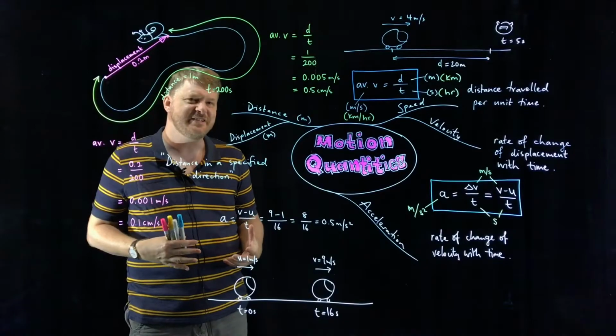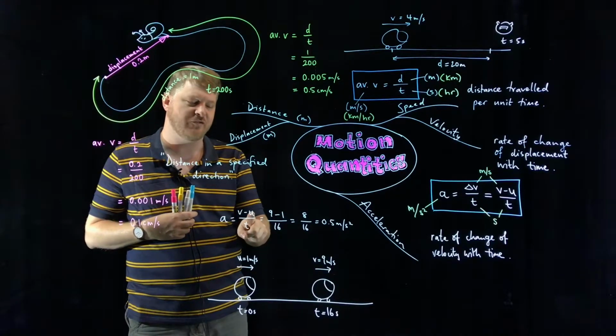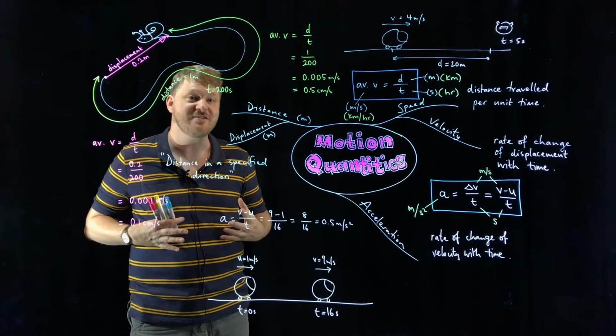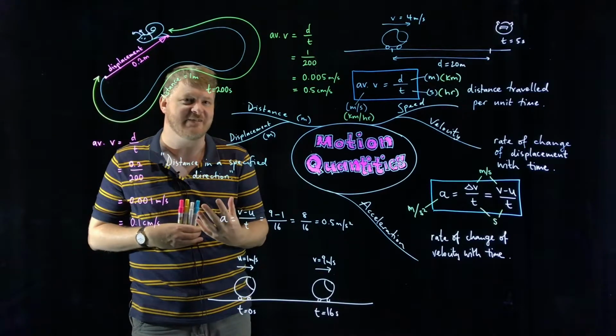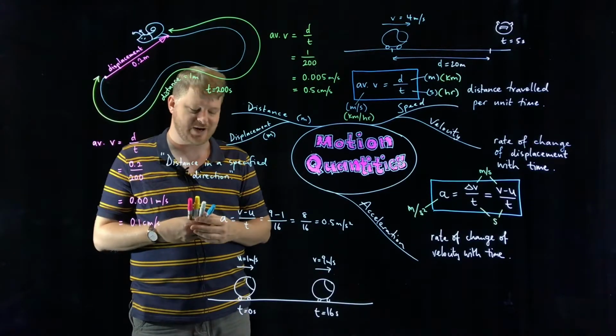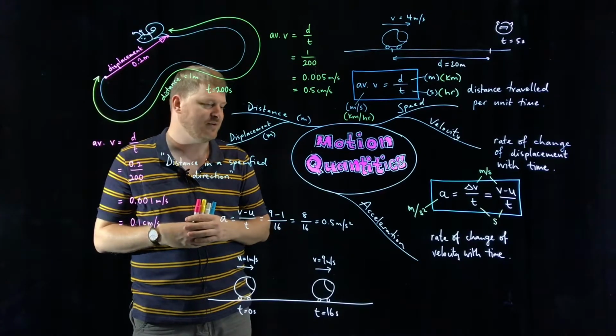Now, if the speed is slowing down, our final velocity would be less than our initial velocity, and that would give us a negative answer. So as I said earlier, if the thing is travelling forwards and you're getting a negative answer, that means it's deceleration. And you could express it as a negative acceleration or simply a deceleration without the negative sign.